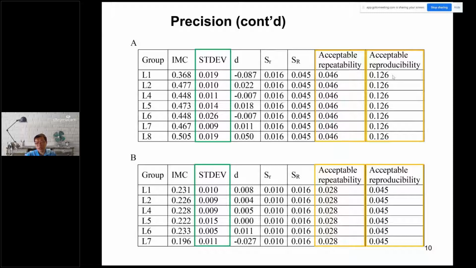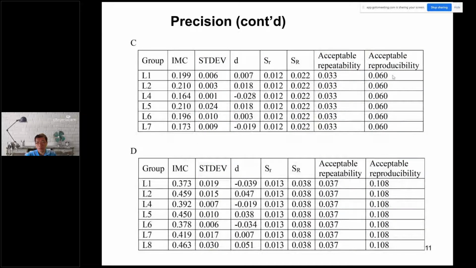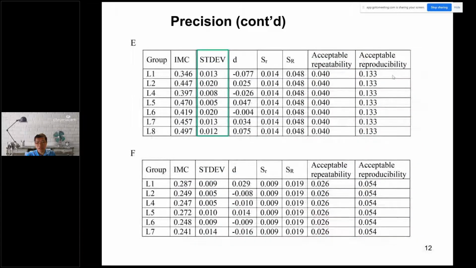Therefore, the test protocol is highly repeatable and reproducible. I'll go really fast on these numbers, but they're telling exactly the same story. The test protocol is very precise in terms of within-lab repeatability and cross-lab reproducibility.